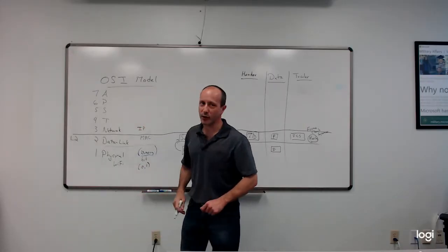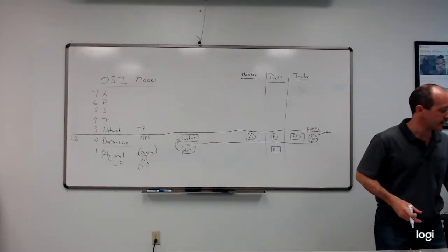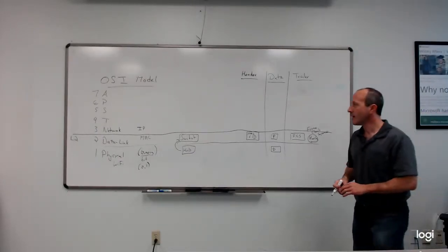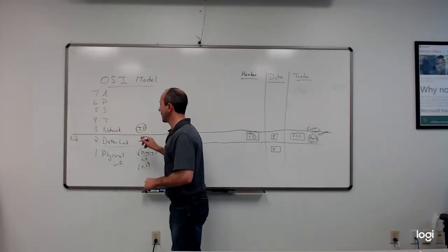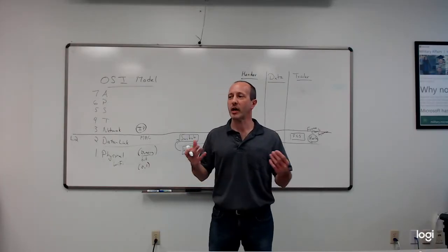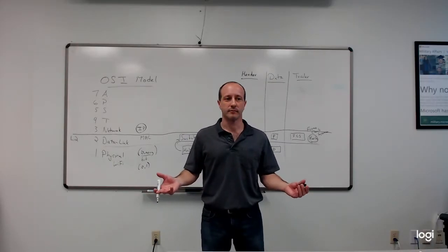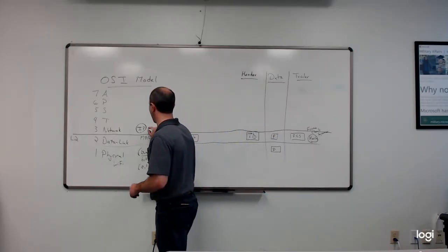My coffee's already cold. All right, so we know that MAC stands for Media Access Control. And this is going to be the most popular set of letters that you will become familiar with. It's called Internet Protocol. So it's an IP address, or Internet Protocol address.